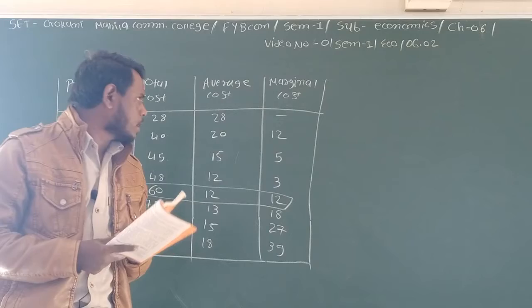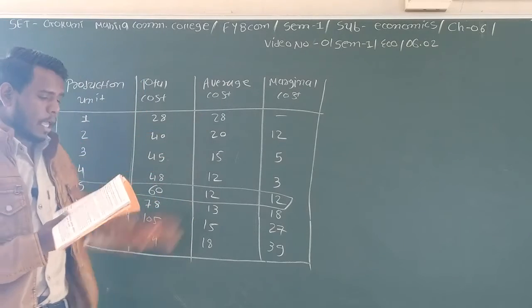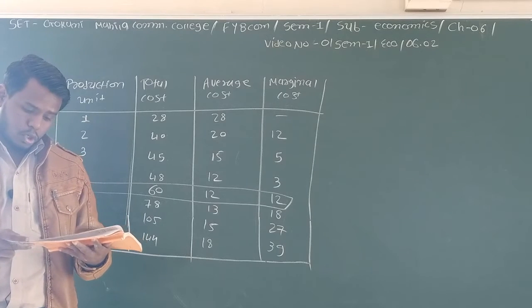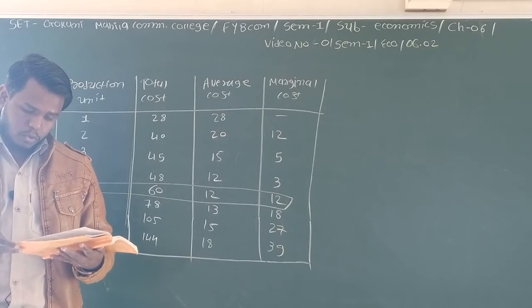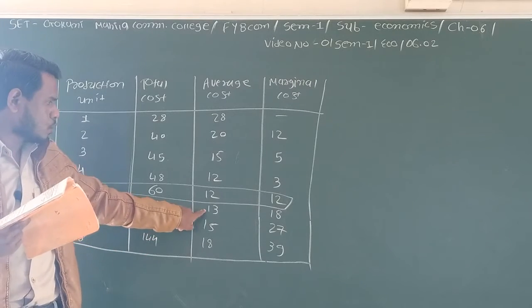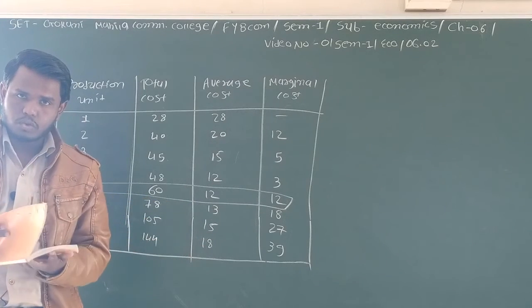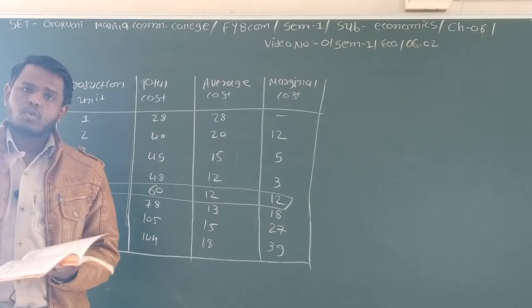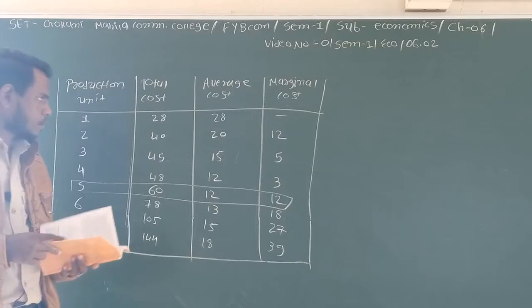It means there is a direct relationship. If average cost reduces, marginal cost is less than average cost. If average cost is reduced, marginal cost will also reduce, and if average cost increases, marginal cost will always increase.